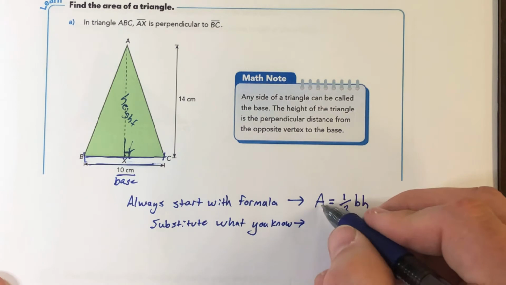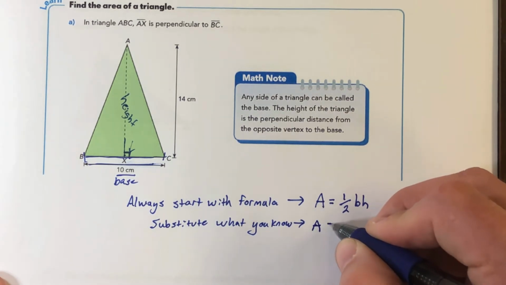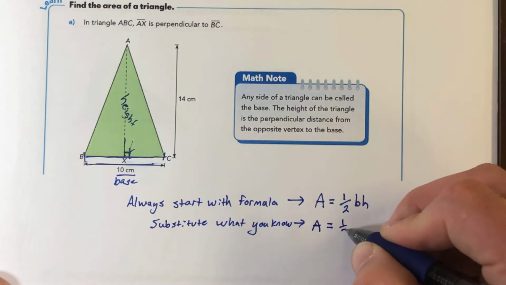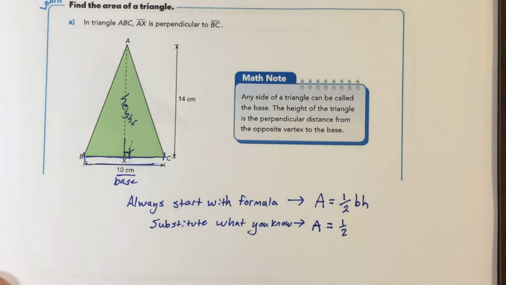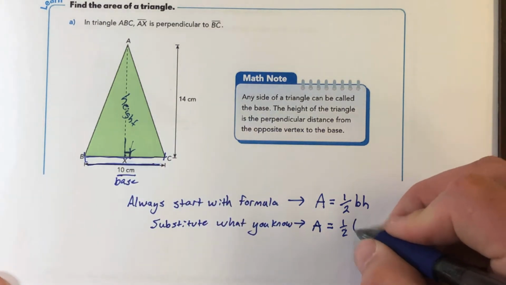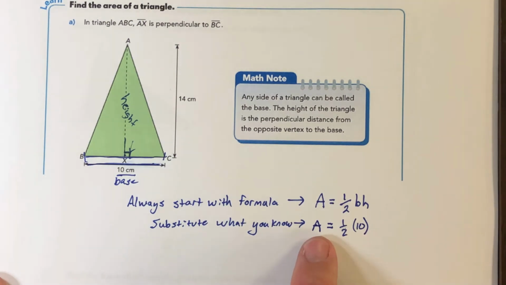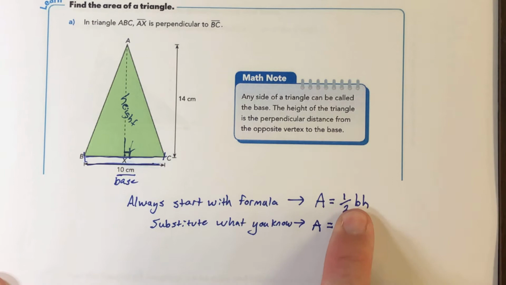So what do I know? Do I know the area? No, that's what I'm trying to solve. So I'm going to leave that as an A. Equals, leave that as 1/2. B, do I know the base? Yes, the base is 10. So replace B with 10. Do I know the height? Well, if I need to find the area, I have to know all of the other letters.